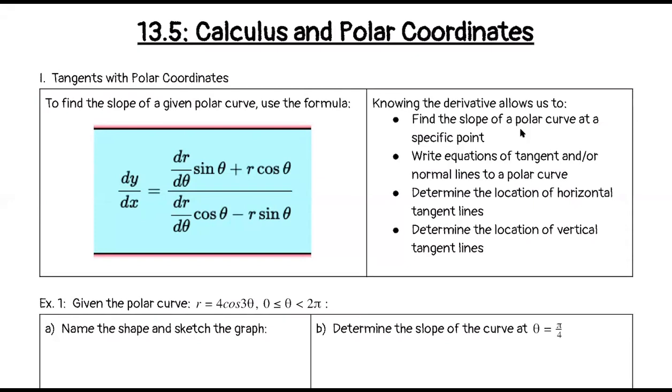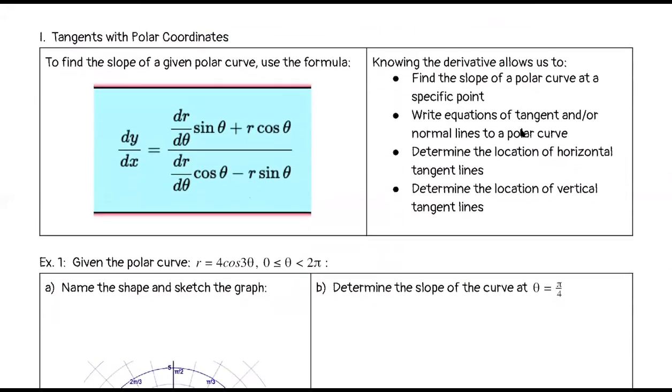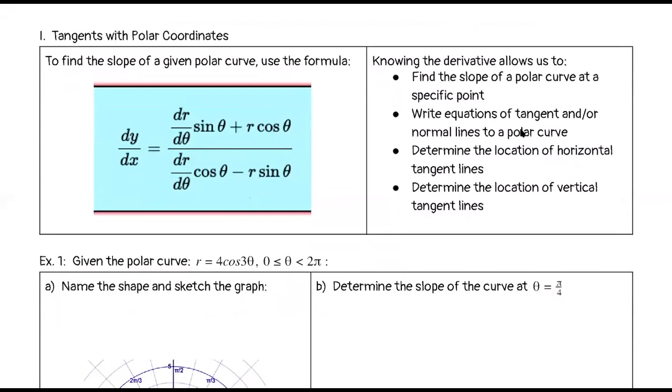So let's get started with tangents of polar coordinates. If you want to find the slope of a given polar curve, here's the formula we're going to use. To find dy/dx, we have dr/d theta times sine theta plus r cosine theta, all over dr/d theta cosine theta minus r sine theta, okay?